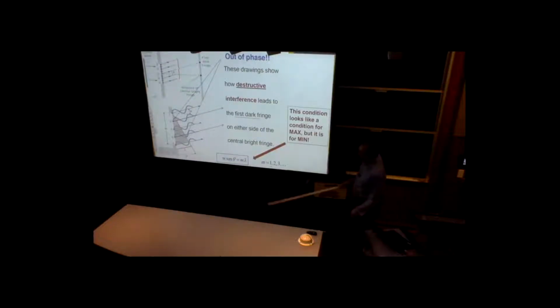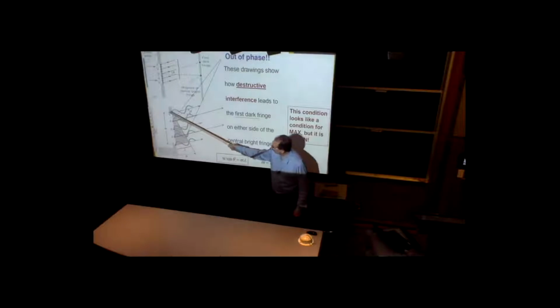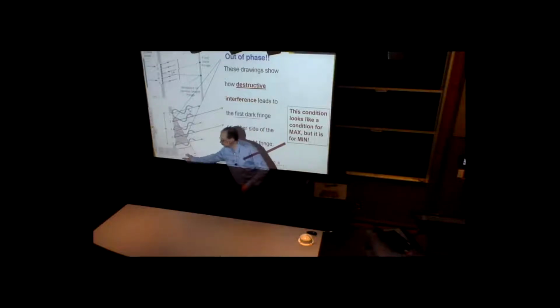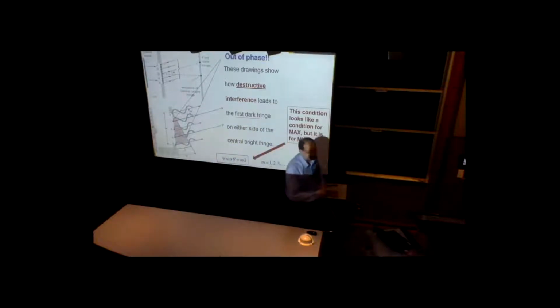Of course, it's a triangle. That's the width of the slit. If we use this triangle, this will be equal to hypotenuse times the sine.